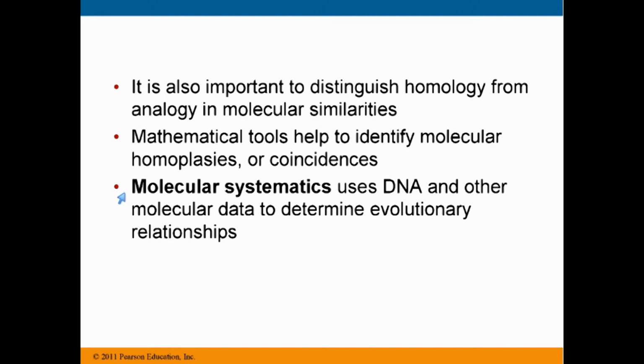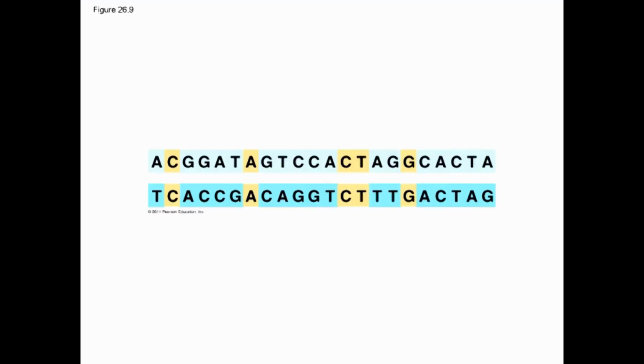There's a field called molecular systematics, so let's highlight that one, molecular systematics, that uses DNA and molecular data, so that would be our protein sequence, to determine evolutionary relationships. And again, you're using computer programs to help you do that.